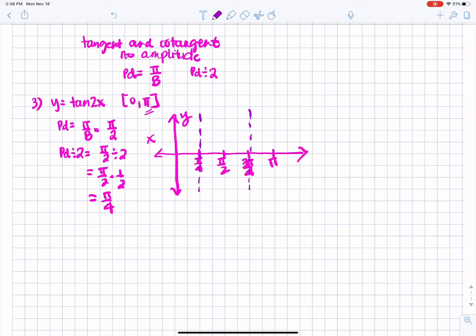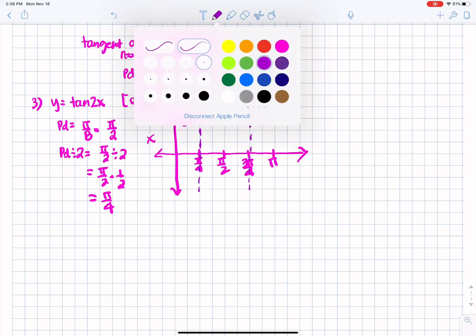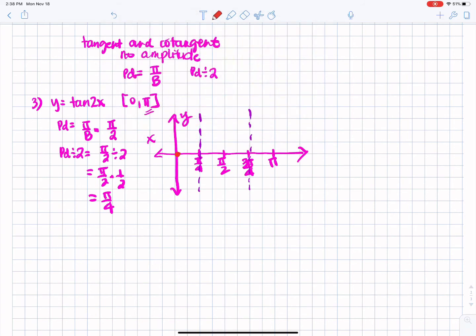Now with tangent graphs, we start at 0, we go up. In between the two asymptotes, down, pass through pi over 2, up, down, up. And then down, stop at pi. Make sure you have arrows at the end of your graphs. And that's the tangent graph.